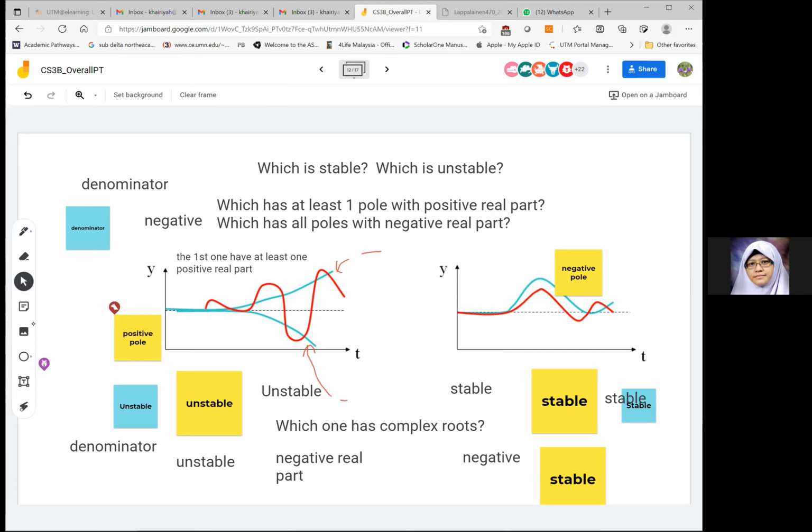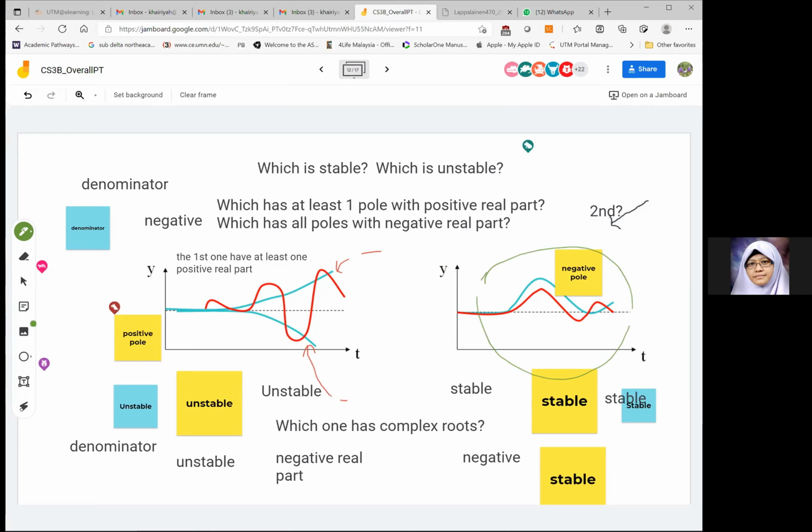Can you identify it? Which one has complex poles? Okay, so this one has complex numbers as the roots.